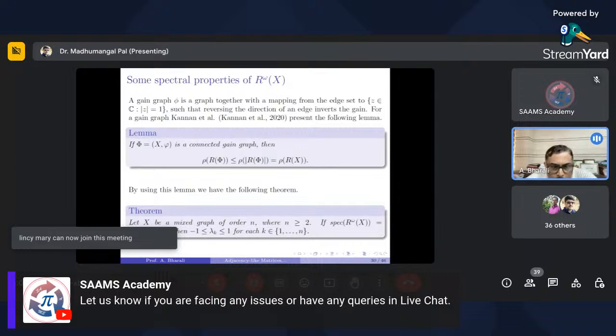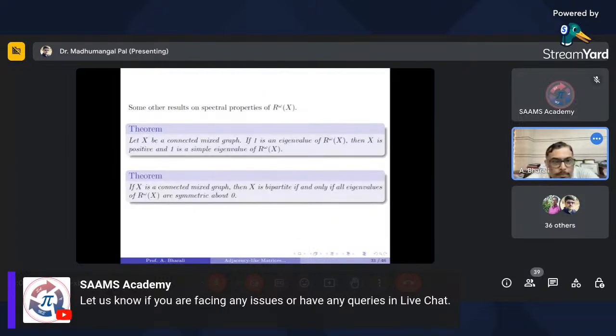result is very interesting. The spectra of the second Hermitian Randic matrix lies between -1 and +1. So this is a very interesting result. The next one is that if X is a positive graph, then 1 is a simple eigenvalue for the second Randic Hermitian matrix.